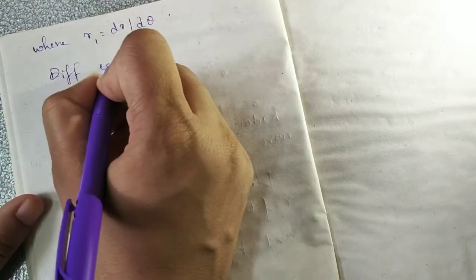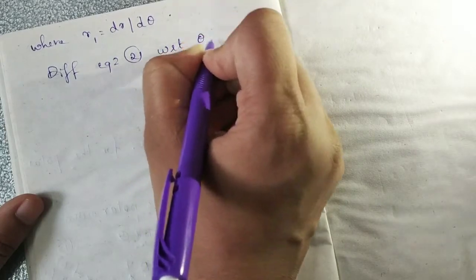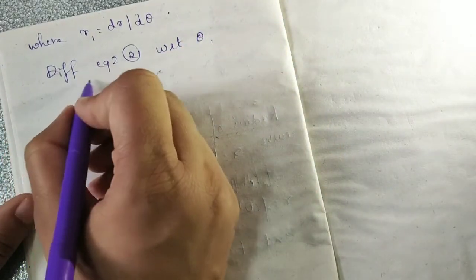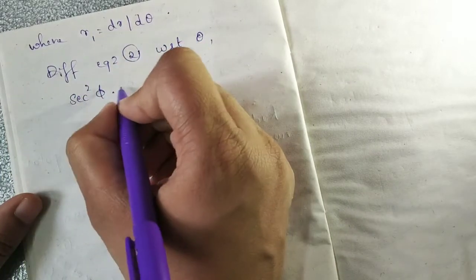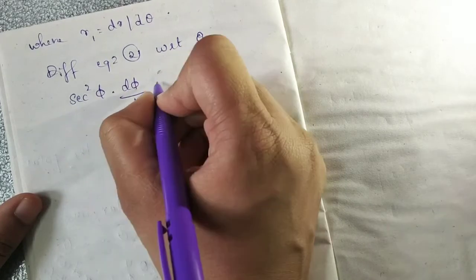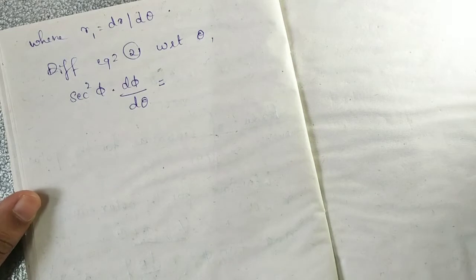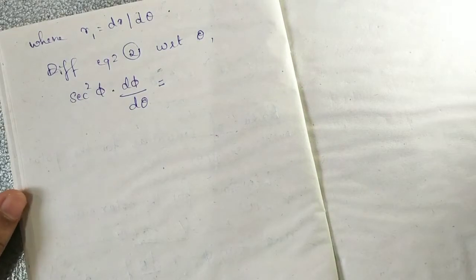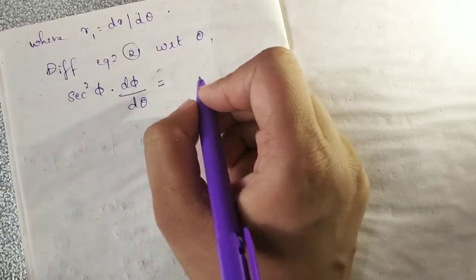Differentiate equation 2 with respect to theta. Derivative of tan phi is secant square phi. Here we need to differentiate with respect to theta, implies d phi by d theta will be there, equal to r divided by r1. r and r1 are both functions of theta. Therefore, we need to use the quotient formula.